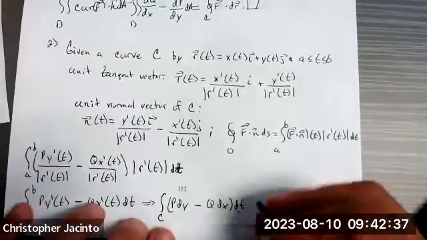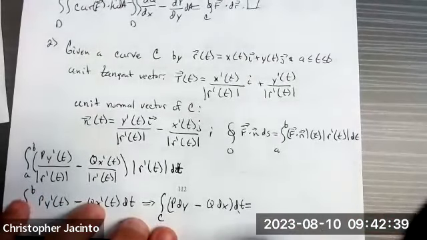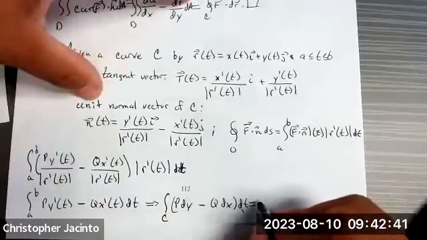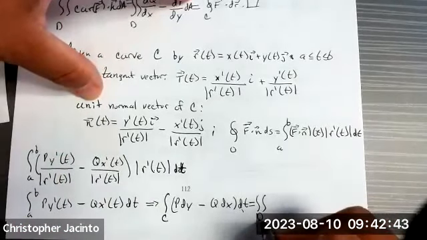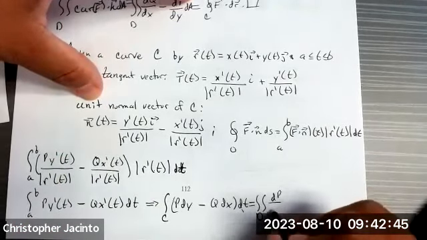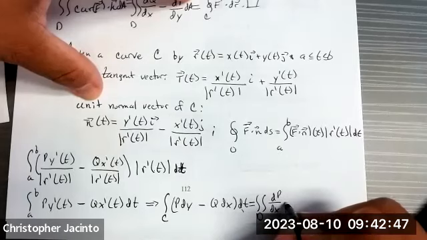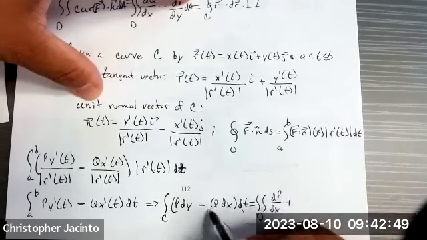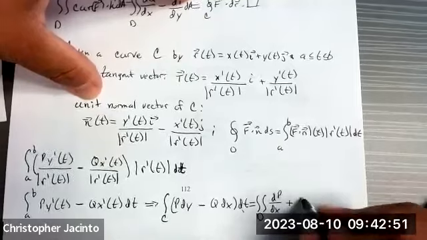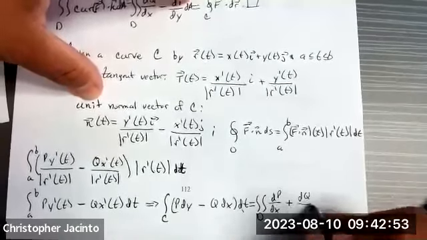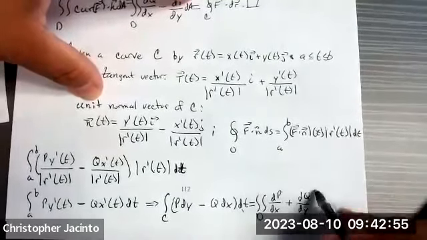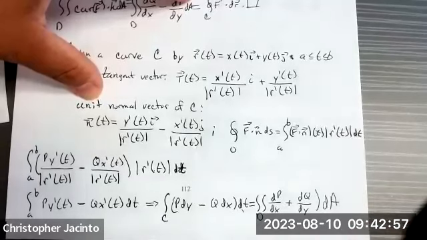Okay. So now, according to Green's theorem, this is the same thing as finding the double integral over a region of dP over dx plus, because if you swap it because of the minus, dQ over dy, dA.